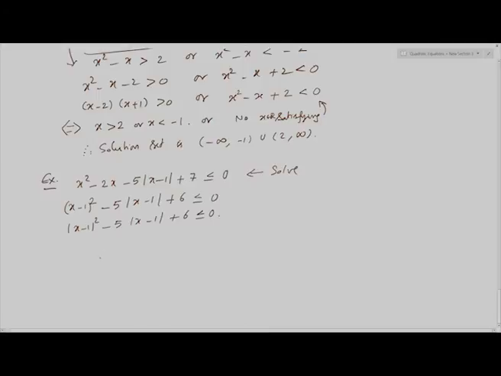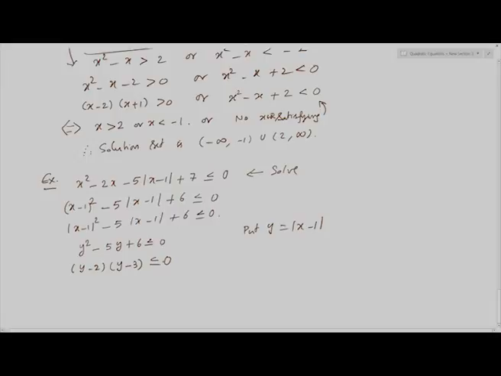Now, I can do the easy substitution, so that it is converted into the real quadratic inequality. So, put y = |x - 1|. The given inequality becomes the quadratic inequality y² - 5y + 6 ≤ 0. On factorizing, this is a very simple quadratic expression: (y - 2)(y - 3) ≤ 0.